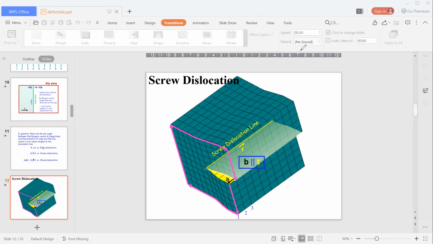Okay, to understand the screw dislocation, look at this three-dimensional structure. You can consider the solid to be made up of multiple unit cells. So each tiny cube, which is marked as black lines on this image, is actually making this particular solid.